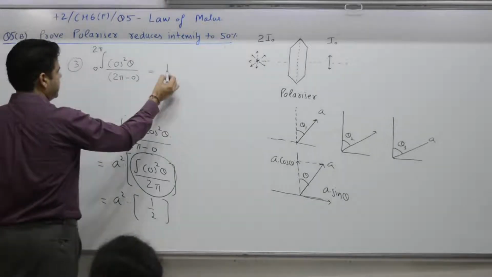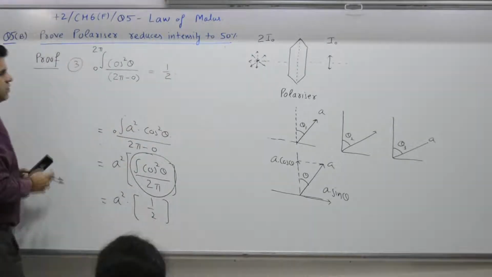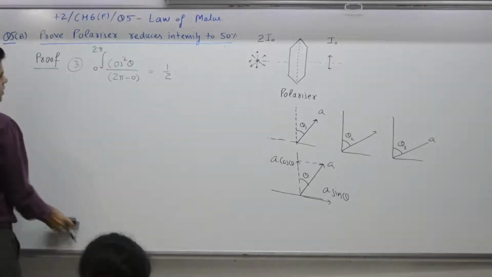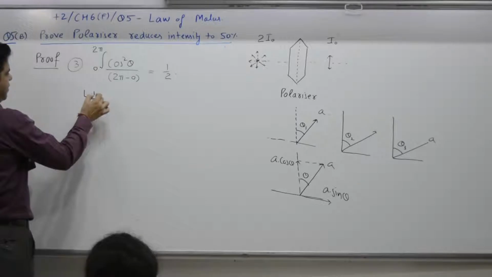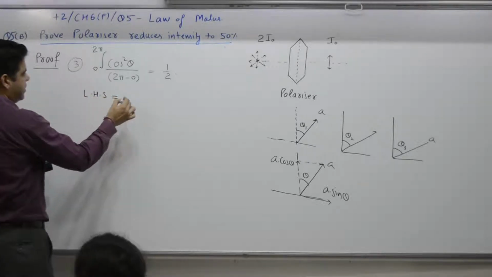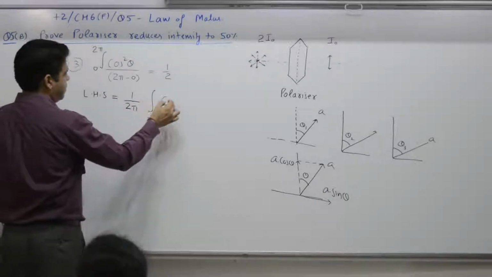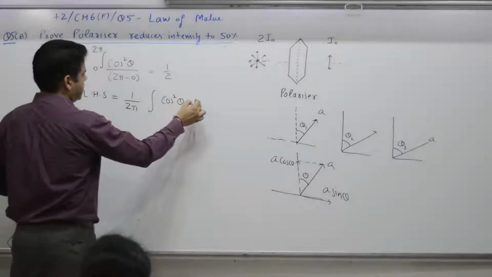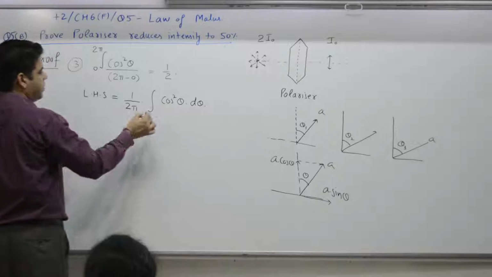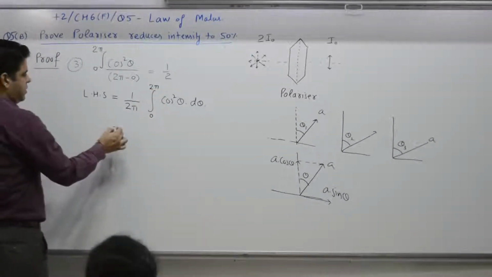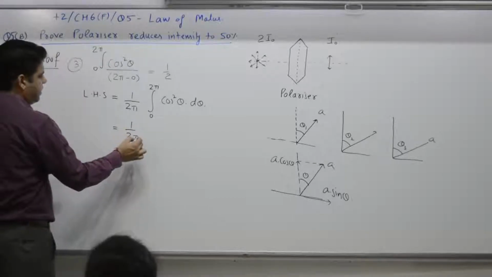We want to prove it is equal to 1 by 2. Left hand side: 1 by 2 pi, integration of cos square theta d theta, limits 0 to 2 pi, is equal to 1 by 2 pi.